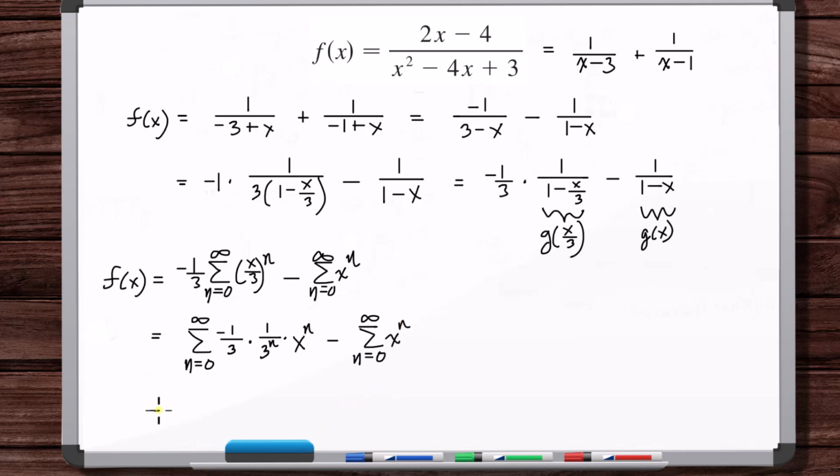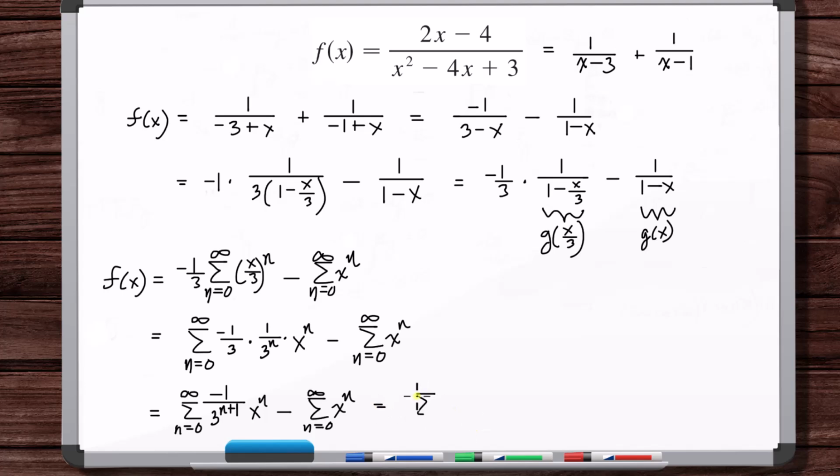All right. So we've got 3 to the n plus 1, x to the n. Now we can combine these and factor out an x to the n.